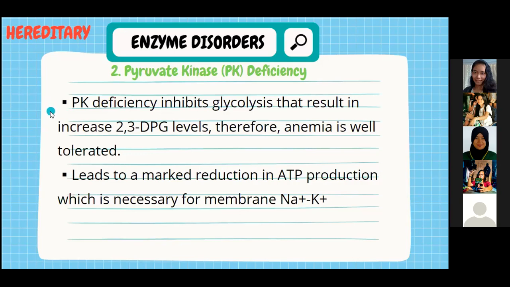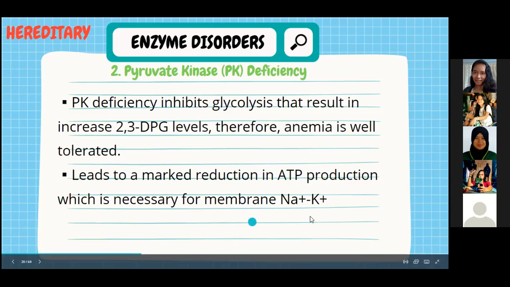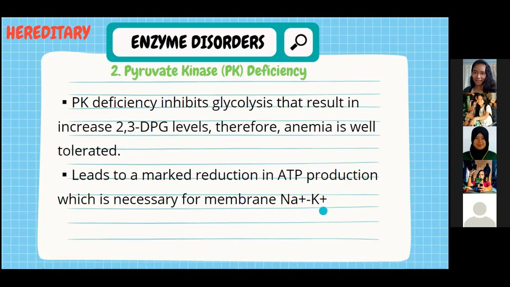It is the most common form of hereditary non-spherocytic hemolytic anemia, and it is also found worldwide. So it leads to marked reduction in adenosine triphosphate production, which is necessary for our sodium-potassium pump. Next.